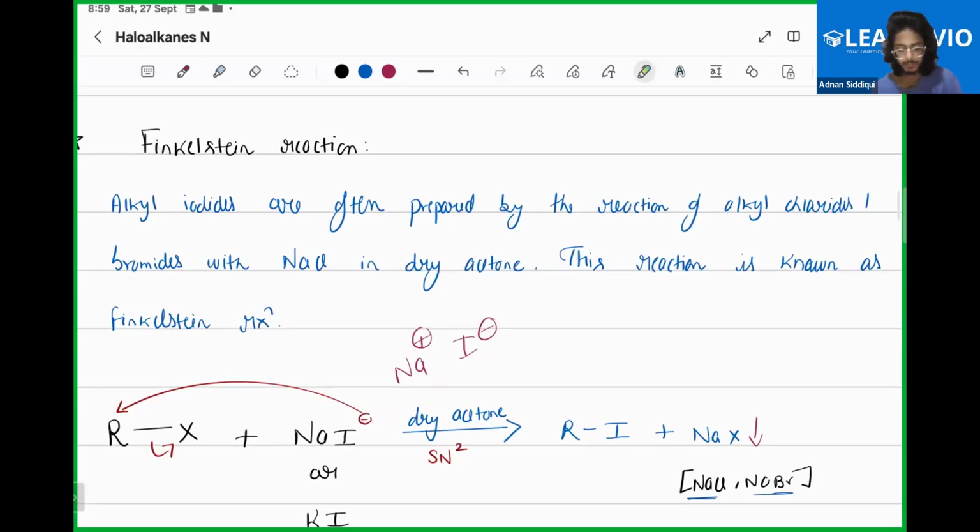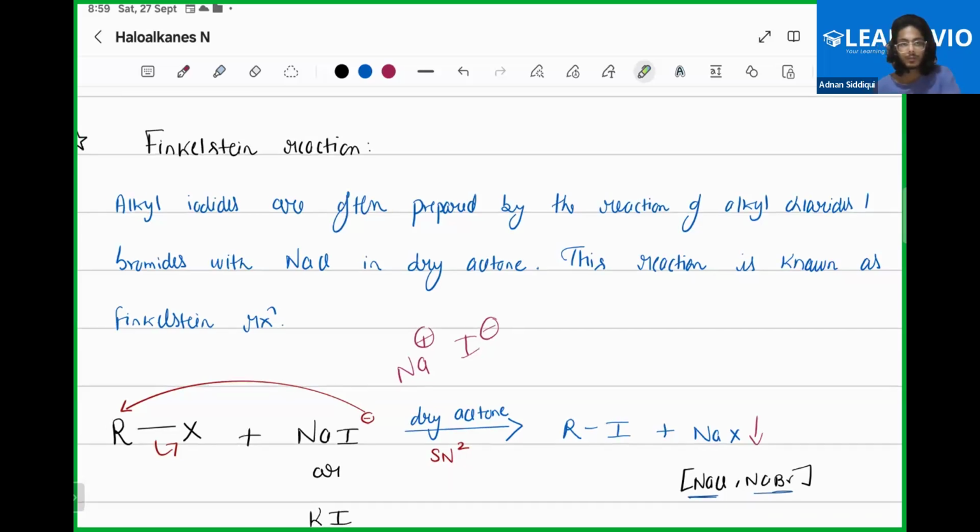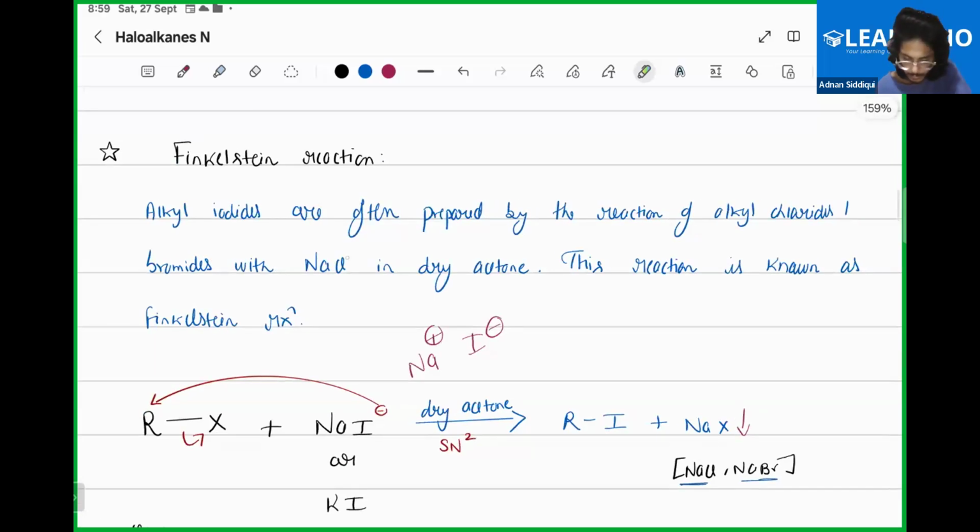To get alkyl iodide as the product, they react alkyl chlorides or bromides with sodium iodide in dry acetone. They get alkyl iodides and a compound with Na, either NaCl or NaBr.